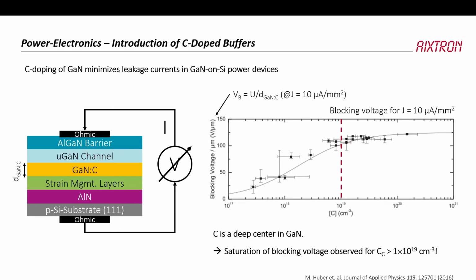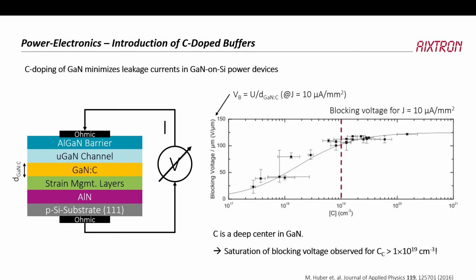But this is not from us, but this is from a paper that looks into the effectiveness of the carbon doping in gallium nitride buffers. We're looking at this buffer here, and it looks at the breakdown, breakdown being defined as a current of 10 microamps per square millimeter, when you increase the doping.